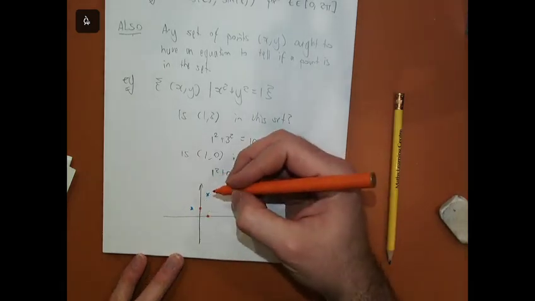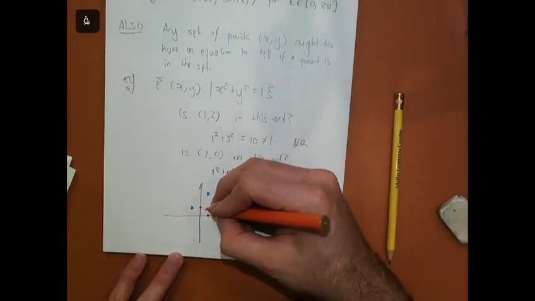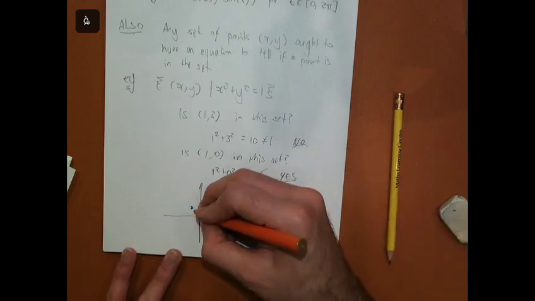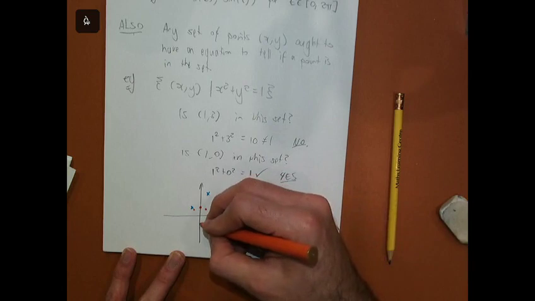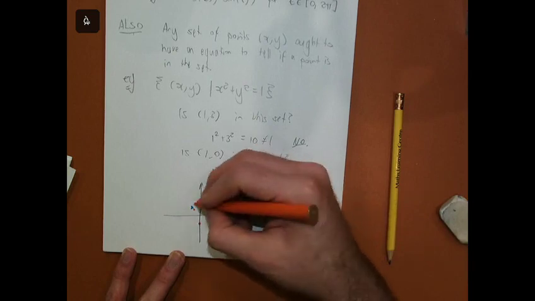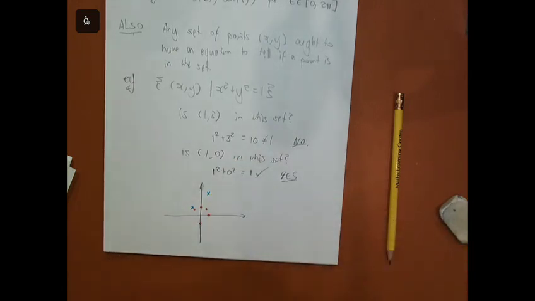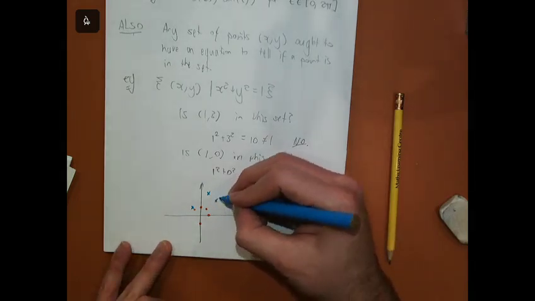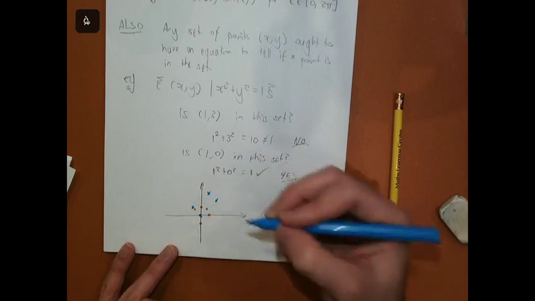We could sub in the point (1/√2, 1/√2). We could sub in the point (-1/√2, 1/√2). We could sub in (0, -1), and we could sub in, I don't know, (2, 2), which is not in the set, and (0, 0), which is not in the set.